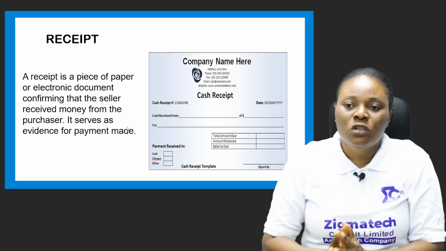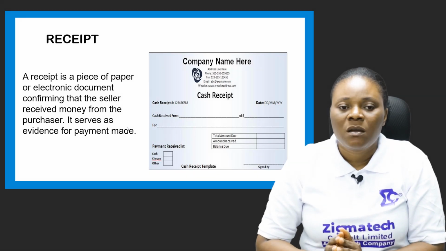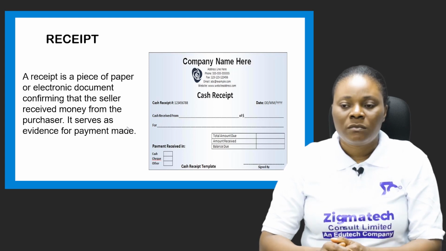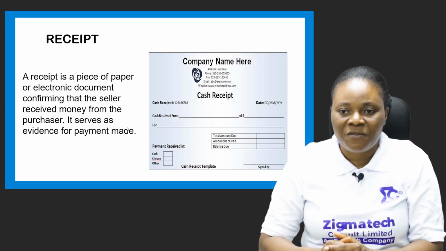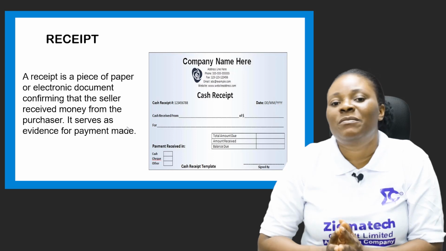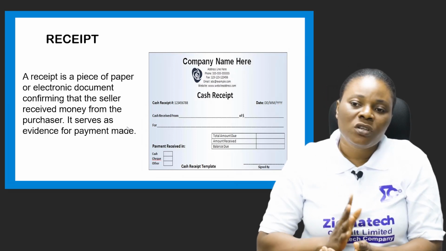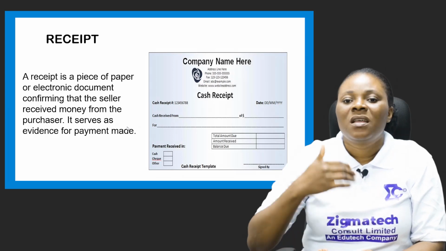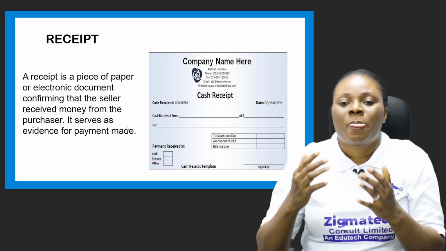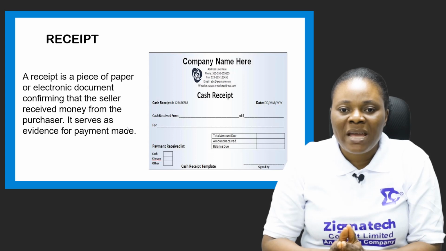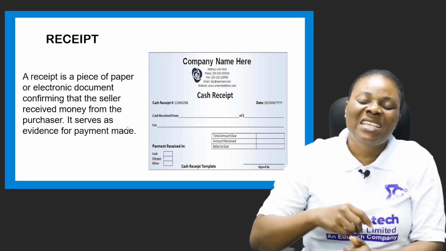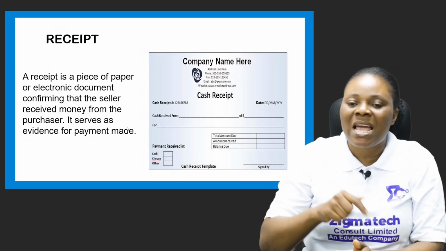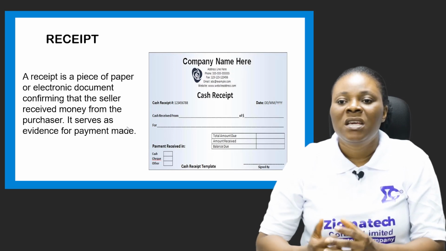Now, let's assume that at first, you as a buyer ordered for goods. Remember, you were given an invoice because the goods have been supplied to you. So all you need to do is, at the agreed time you have with the seller, you make payment. Then after the payment has been made, the receipt now confirms that you have paid the amount of such an invoice.